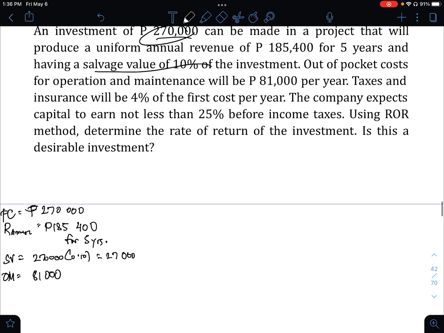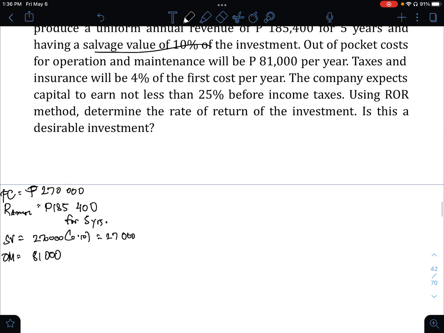So we have tax and insurance, which we can call T&I, which is 4% of 270,000, so 270,000 times 0.04, that is equivalent to 10,800. Okay? So those are the values.